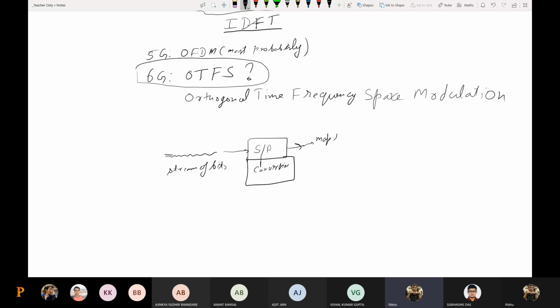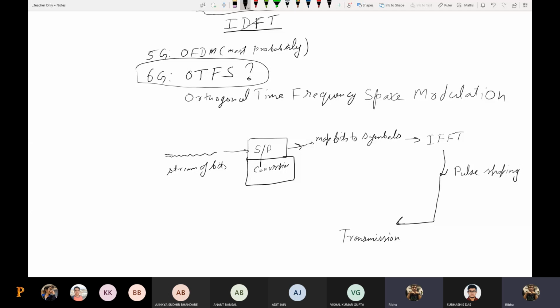Map bits to symbols. Then pulse shaping. Then transmission.